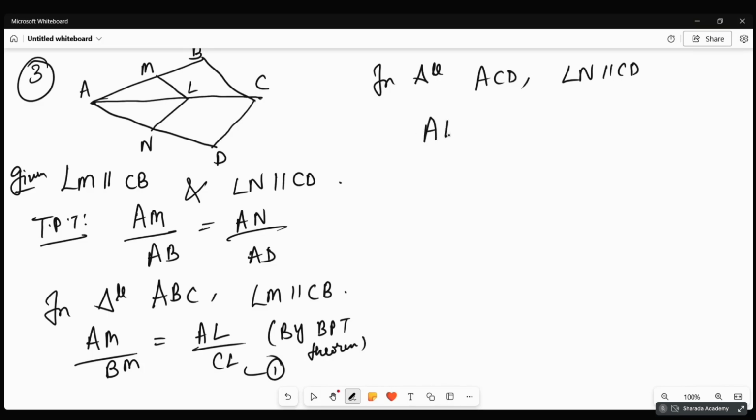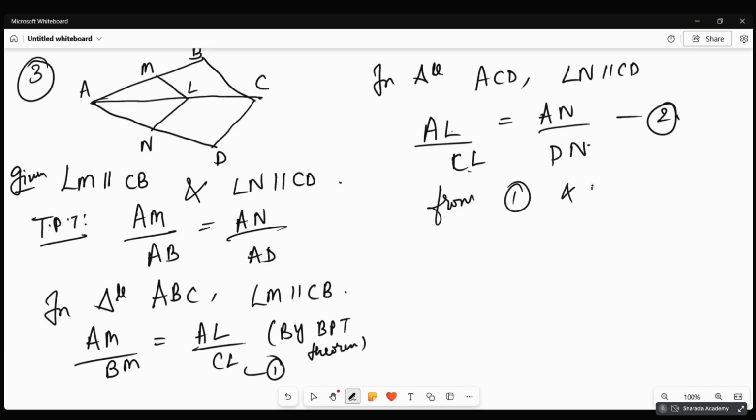Therefore, AL by CL is equal to AN by DN. Now this is equation 2. Now AL by CL is there in both, right? So from 1 and 2, I can write AM by BM is equal to AN by DN.